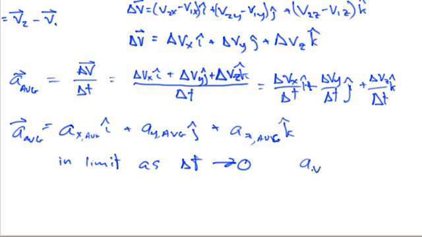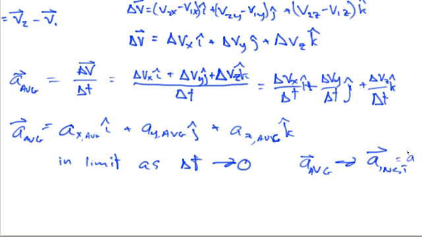A average just goes to the instantaneous, which is typically just referred to as a, the vector a.